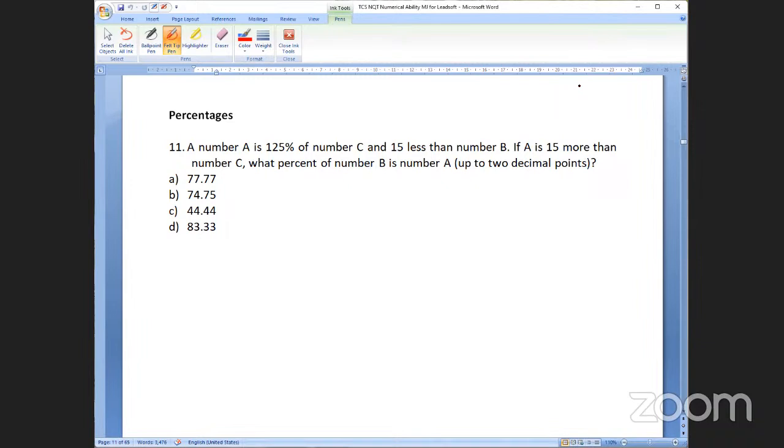With each question, I'll set up a timer. And it's already started. Try to complete it in 1 minute because that is the time that they will give. At the top of the screen, you will find the timer running.